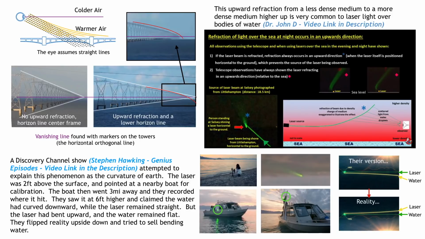So on the left image there, you can see where someone took a photograph or some video where there is essentially no upward refraction whatsoever, and this is a straight line shot along orthogonal lines within 1 point perspective to a vanishing line, which is represented in purple.